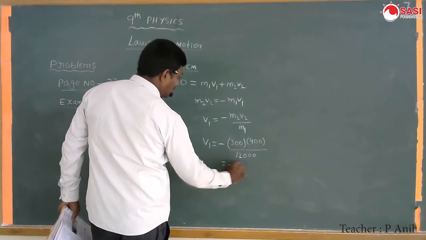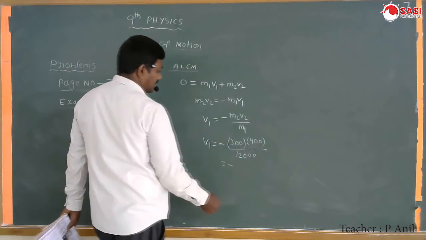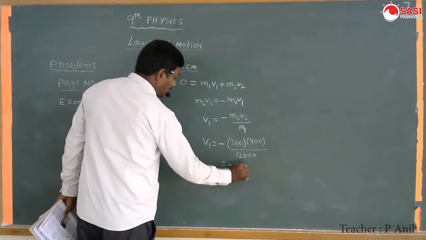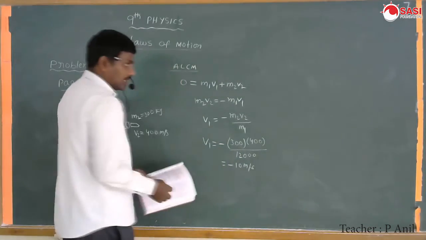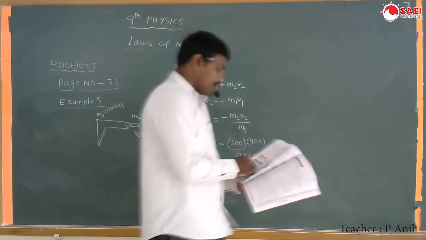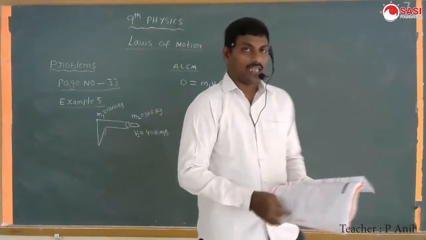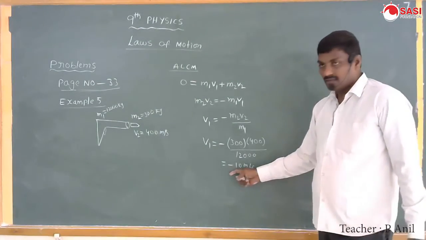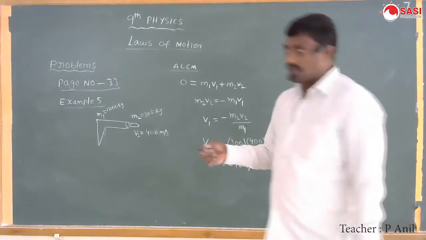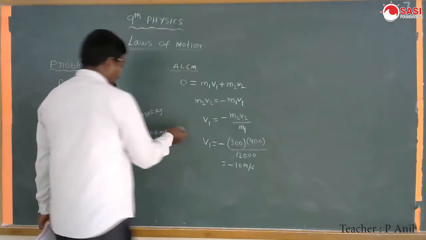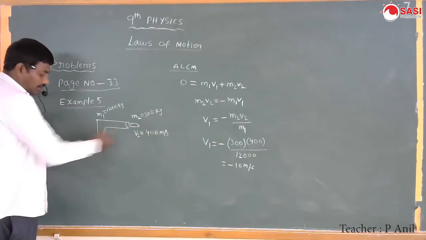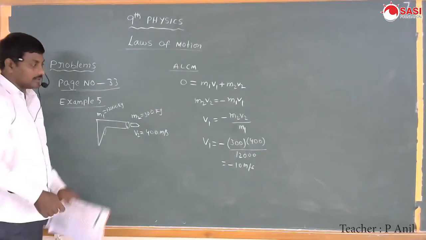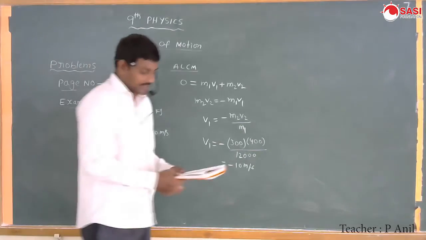Three zeros get cancelled, which is equal to 10 meter per second. Therefore, the velocity of the gun is 10 meter per second. The minus sign indicates that while the bullet moves in the forward direction, the gun or cannon recoils in the backward direction.